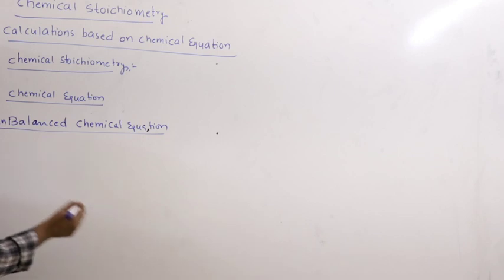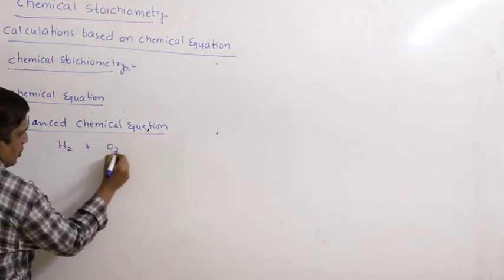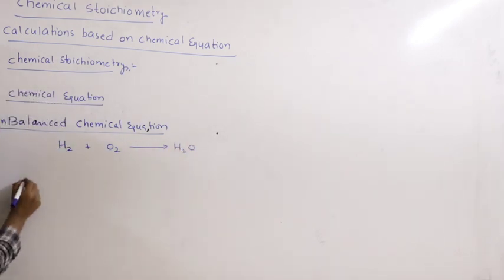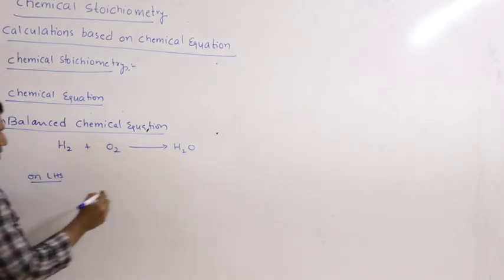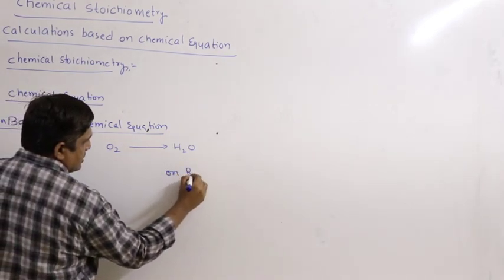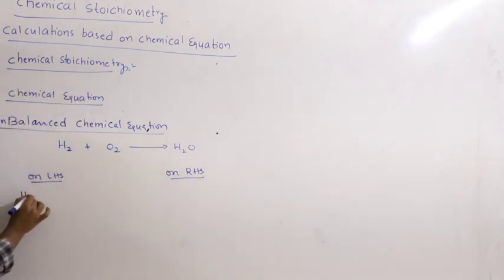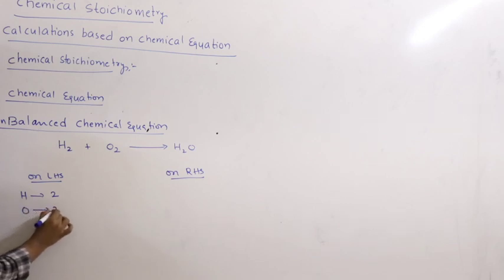So let us take a simple example. H2 plus O2 gives H2O. On left hand side, that means reactant side, and on right hand side, that is product side. How many hydrogen atoms do we have here? 2. How many oxygen atoms? 2.